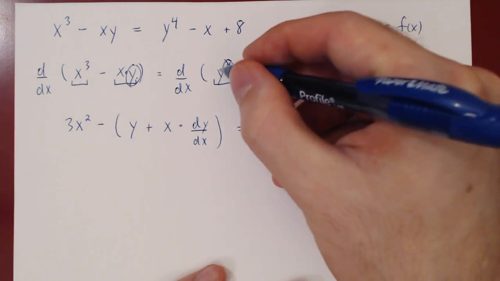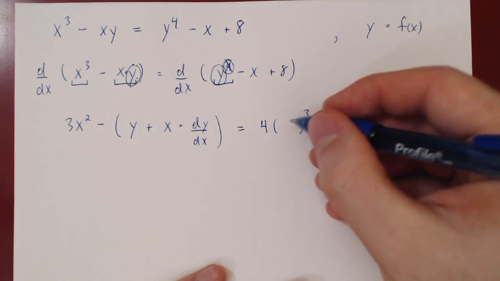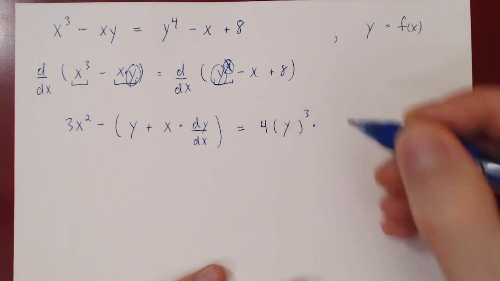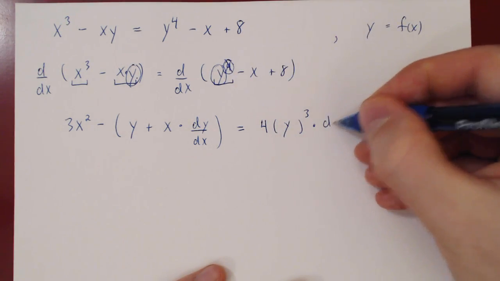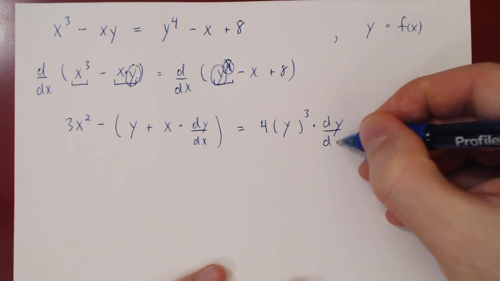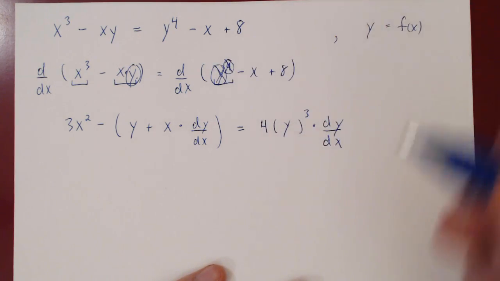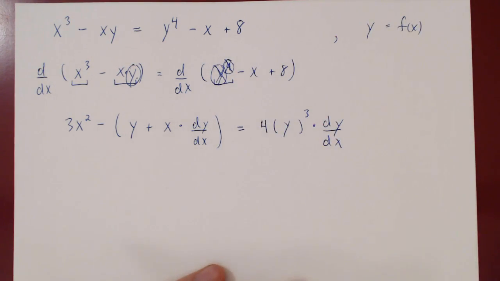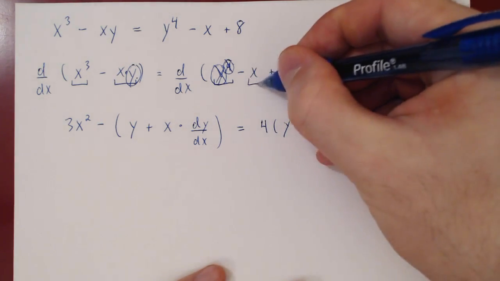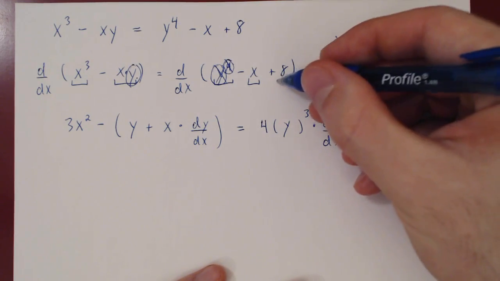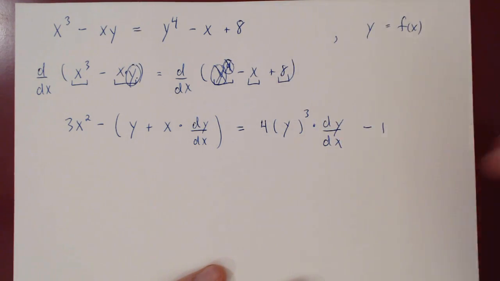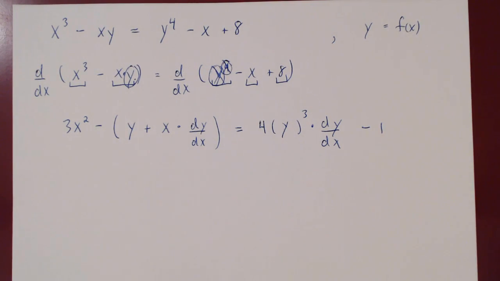And that's at whatever is left over, which is y, times the derivative of what's left over, which is y, so times the derivative of y with respect to x. There is nothing left over, so we are done with the derivative of the first function, minus the derivative of x with respect to x, which is 1, plus the derivative of 8, but since 8 is a constant, its derivative is 0. So now we're done with the differentiation.